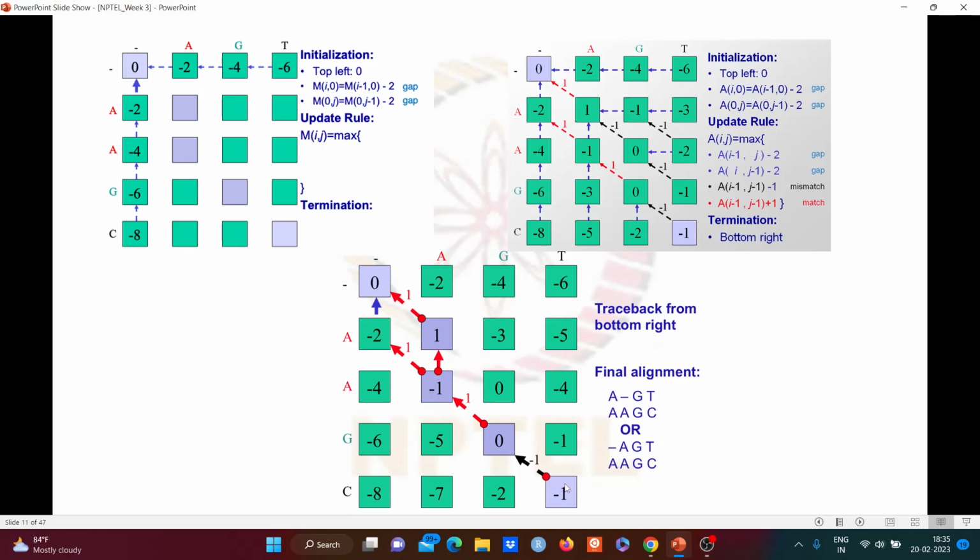So traceback is done in such a way that we point the arrow towards the cell from which the corresponding value was obtained. When these arrow marks move diagonally, that means it's a match or a mismatch, otherwise if they move vertically or horizontally, it means the introduction of a gap.